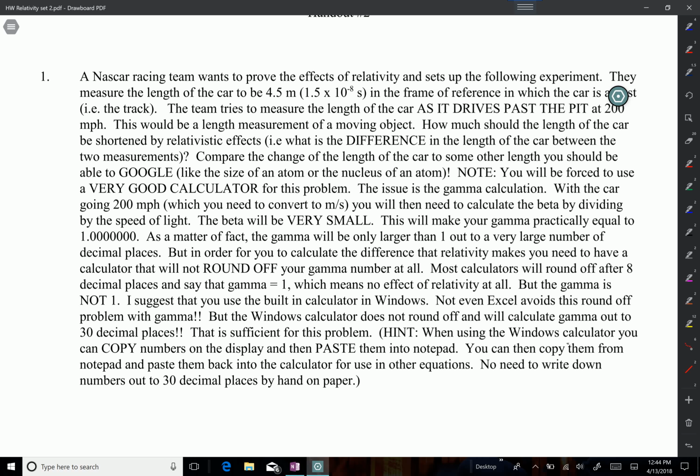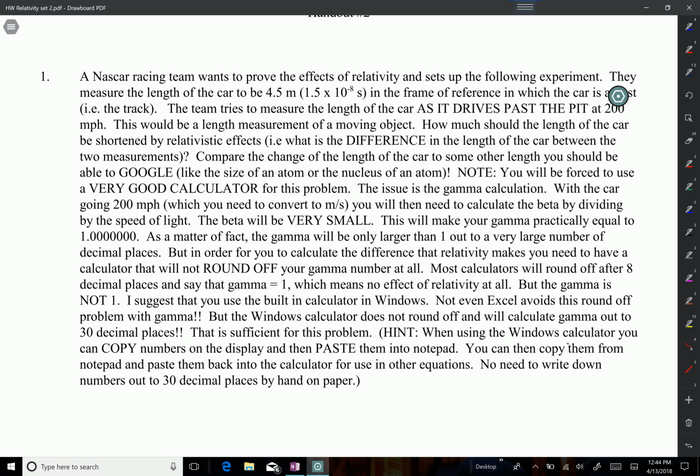And we're going to measure the car in a frame of reference where it's stationary, and we're going to then measure the length of the car in a frame of reference where it's zooming around the track at 200 miles an hour. And the question is, how much shorter does the car appear when it's measured moving fast? Because moving objects are shorter. And in the process of doing this calculation, we're going to have a beta, a dimensionless velocity, that is an extremely small number.